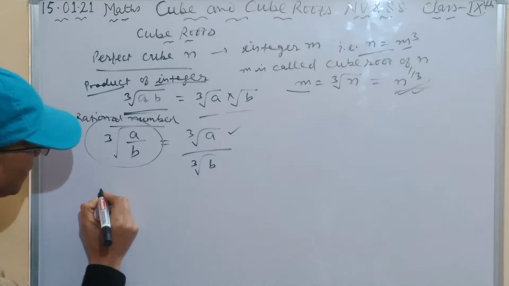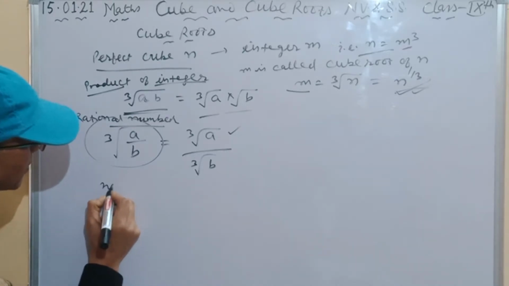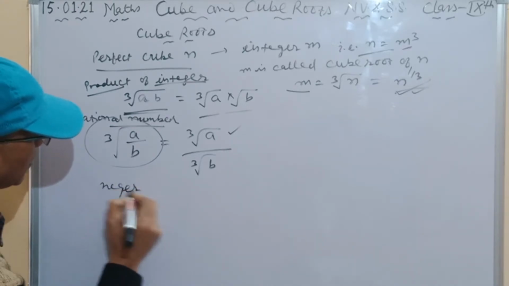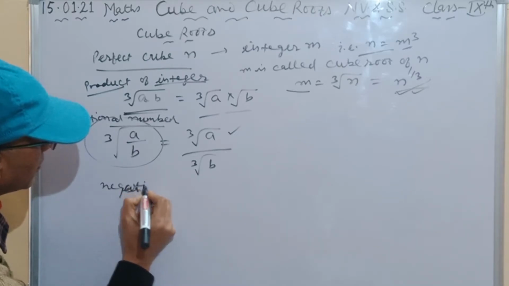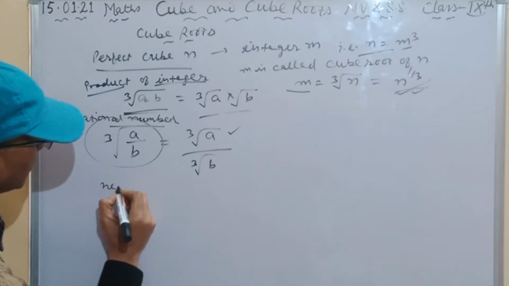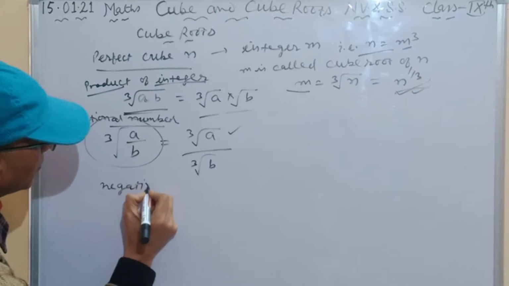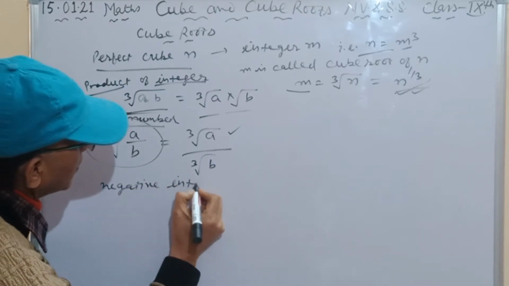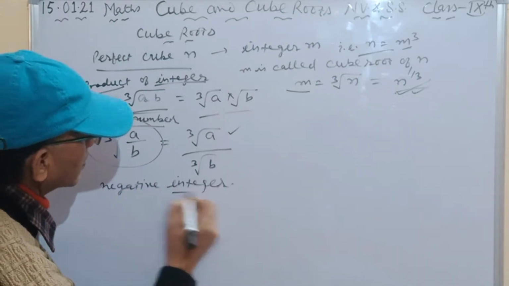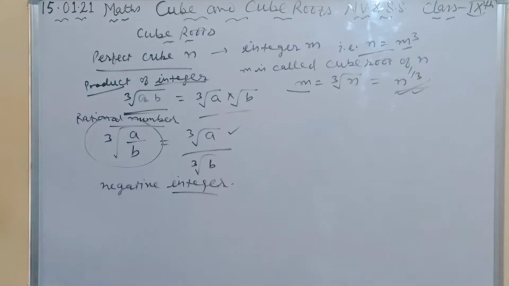If we talk about negative integers, if you are taking negative integers, how will we find the cube root of a negative integer?